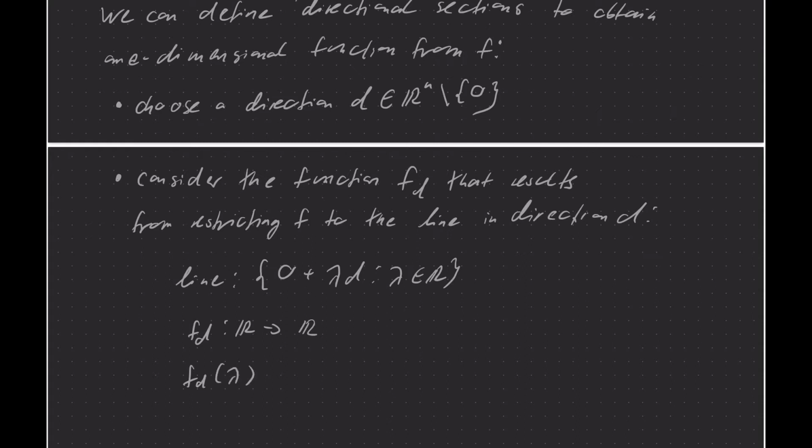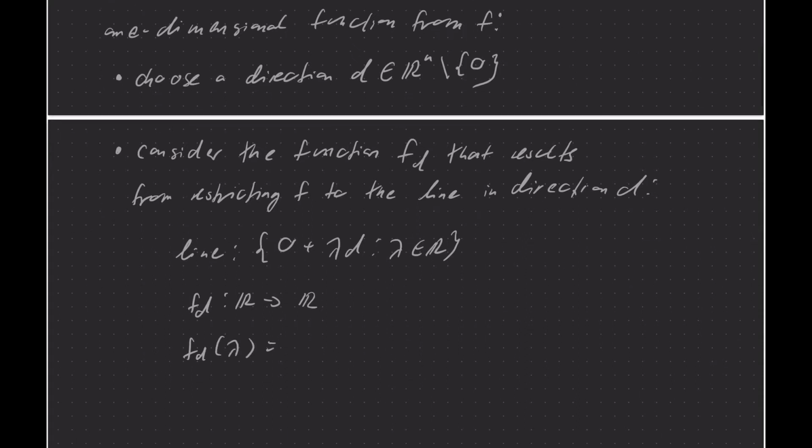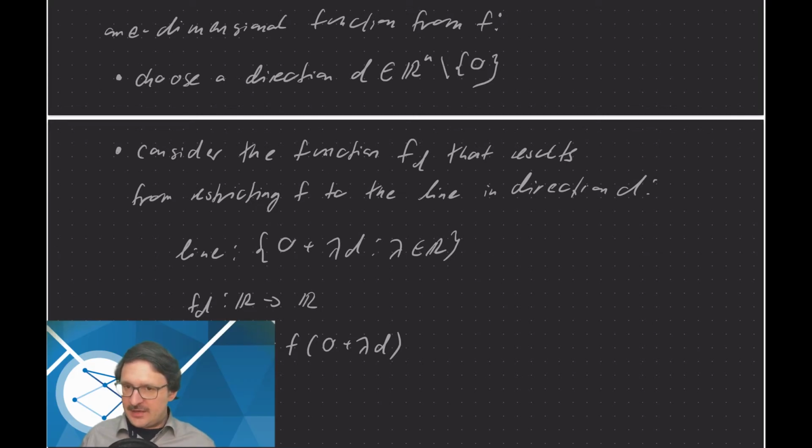And f_d of lambda is simply defined as f evaluated on the corresponding point of that line. So we just use 0 plus lambda d. Yeah, we fix the d. We move that parameter lambda along the line, and we'll just evaluate at that point. Yeah, we'll evaluate the function along the line, and this gives us this one-dimensional cross-section f_d.